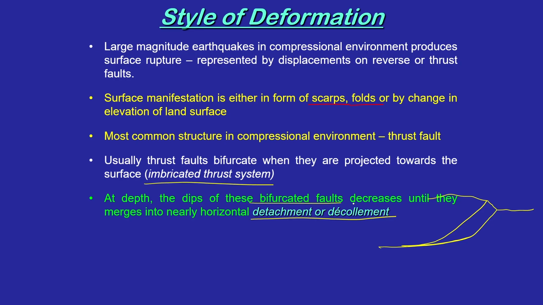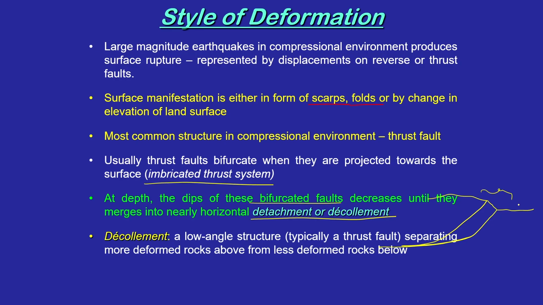So, the bifurcated faults are this one here, and further the décollement is a low angle structure, typically a thrust, separating more deformed rocks above the plane from the less deformed rocks below. And that is what we term as your décollement.